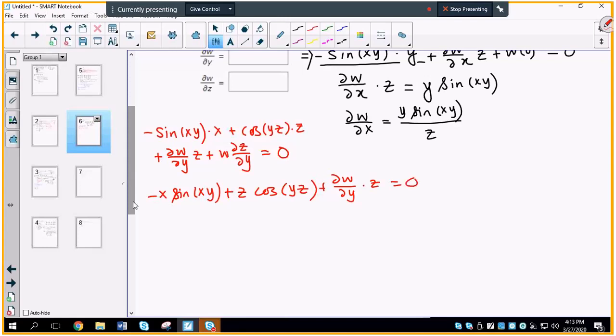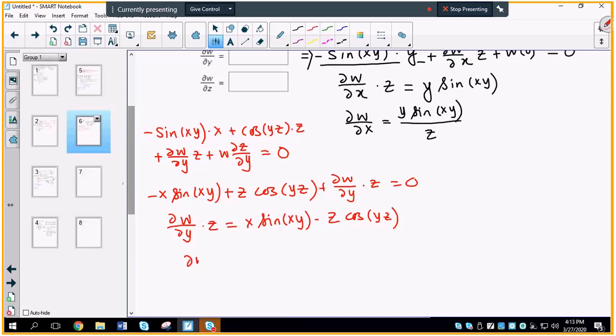We are solving for del w del y. So you will first say del w del y times z is equal to x sine xy minus z cosine yz. Then divide both sides by z.